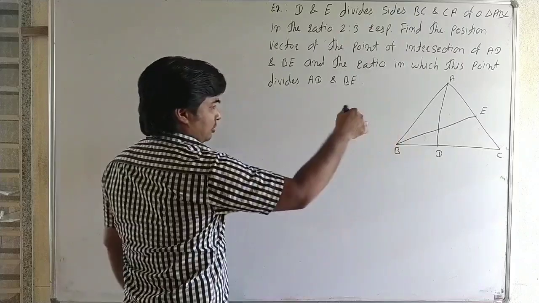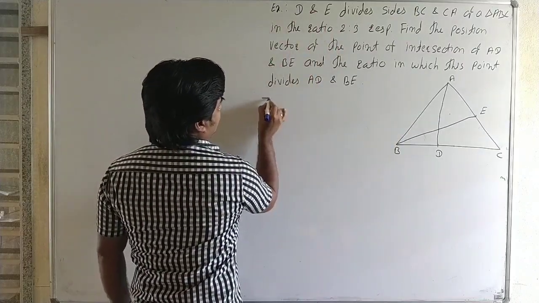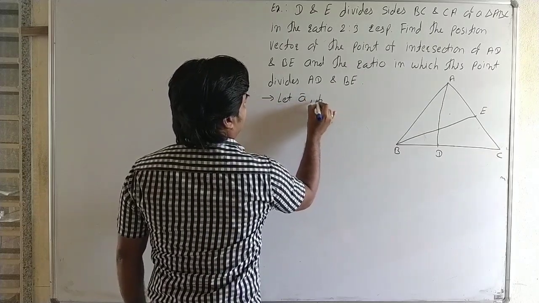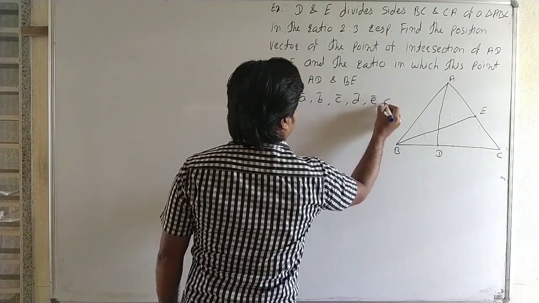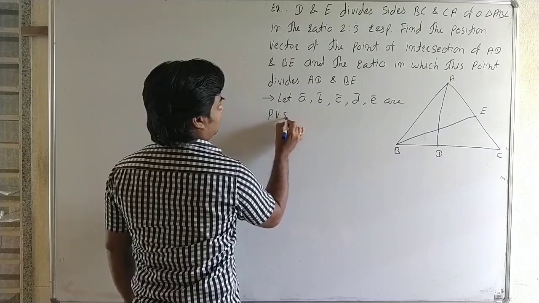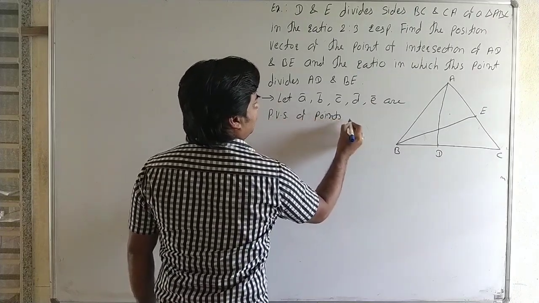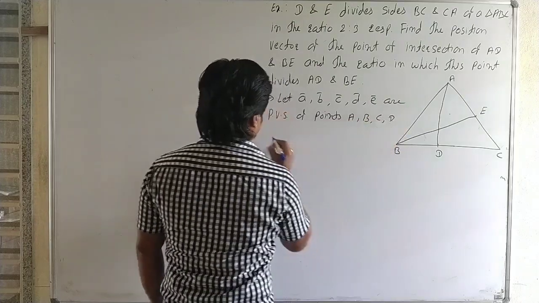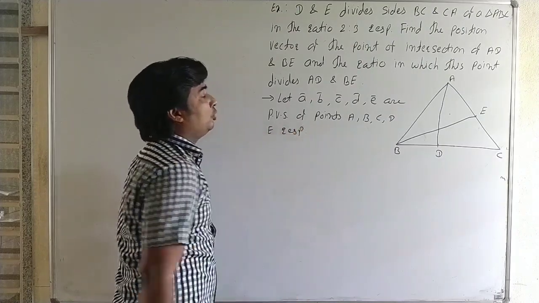Now first we write the position vectors of all given points. Let A bar, B bar, C bar, D bar and E bar be position vectors of points A, B, C, D and E respectively with respect to origin.